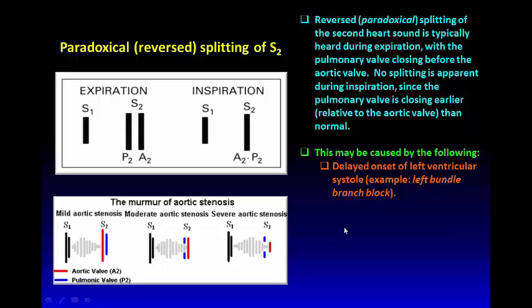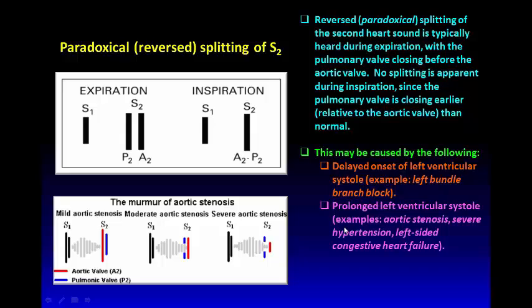Paradoxical splitting is also heard and seen when there is prolonged left ventricular systole, as in cases of aortic stenosis or severe hypertension or left-sided congestive heart failure. So here we have the phonocardiogram of aortic stenosis.